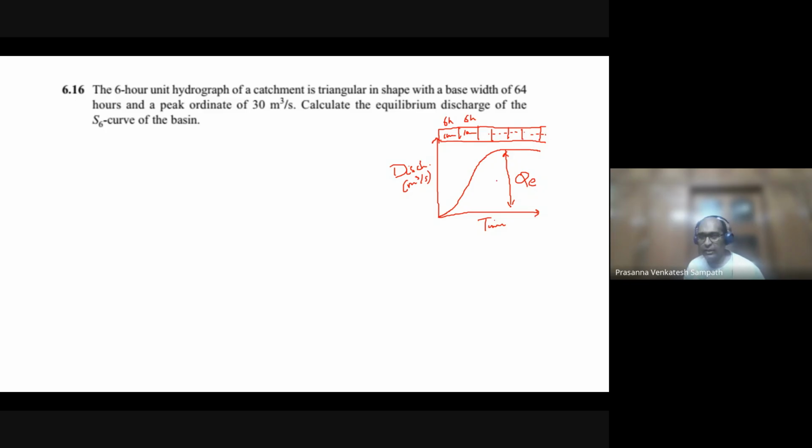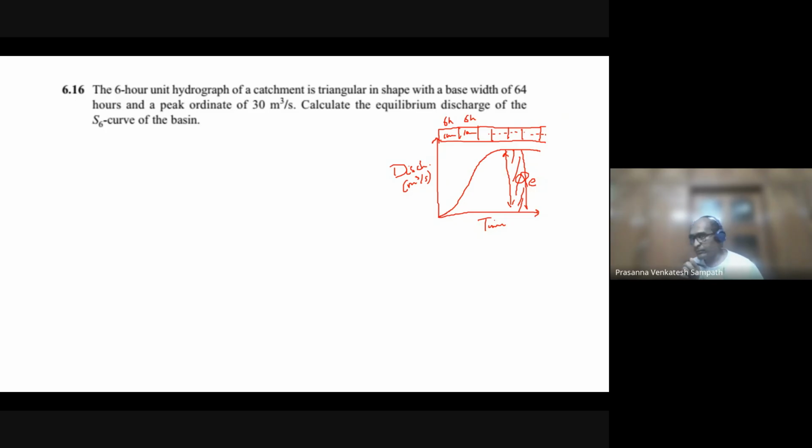Okay, I will just mention what I'm going to do. I'm going to take this rectangle here, because once it reaches that value of QE, it never goes down. I'm going to take a rectangle there of width 1 hour.